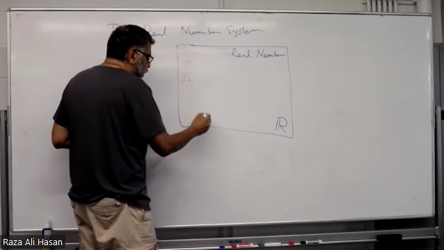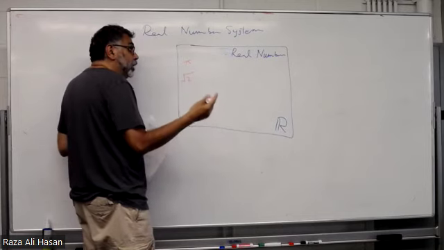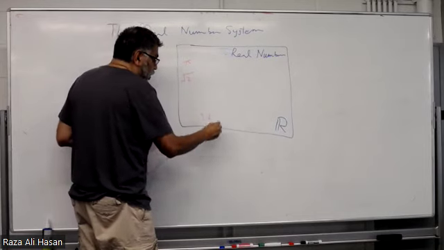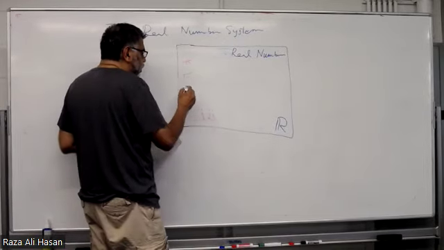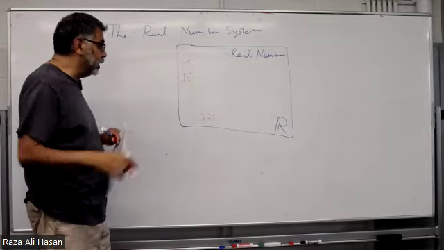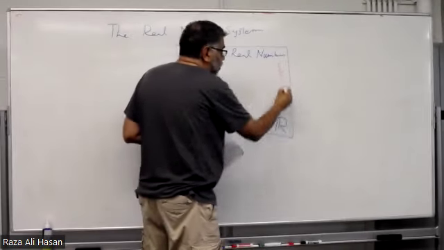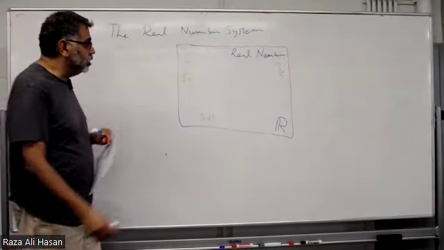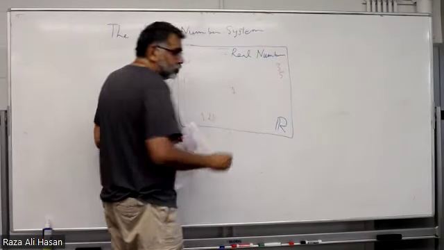Here's a repeating, terminating real number. These two are non-terminating, non-repeating decimals. A real number also has rationals like 3/5. A real number also has things like 1.